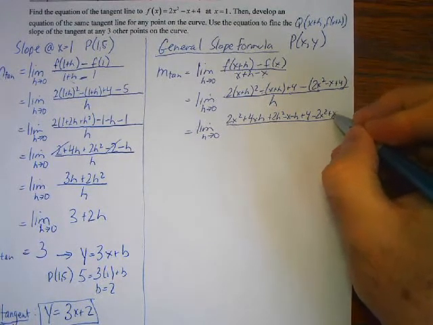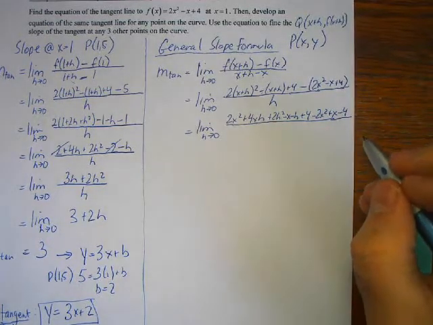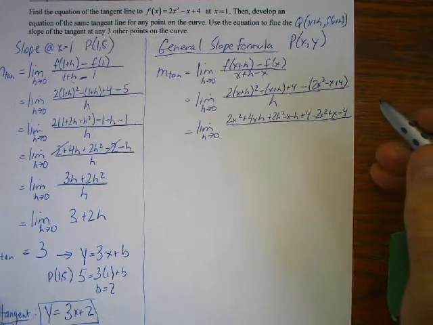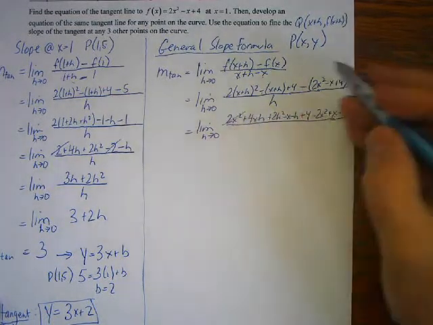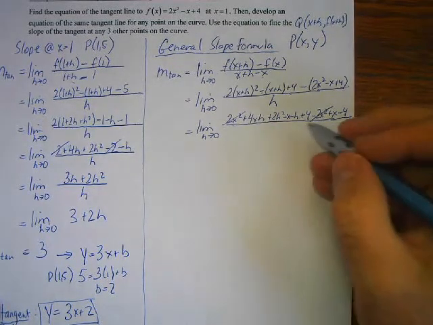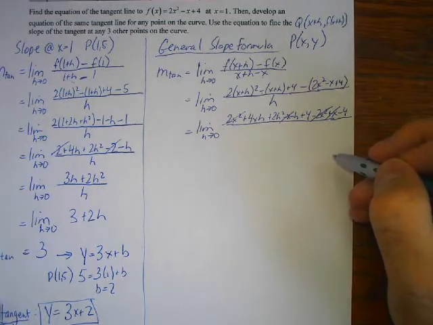Okay, so that's a lot on one line, but a lot of this cancels out. You can see I've got 2x squared minus 2x squared. They cancel out. I've got minus x plus x. They cancel out. And I get a plus 4 minus 4.